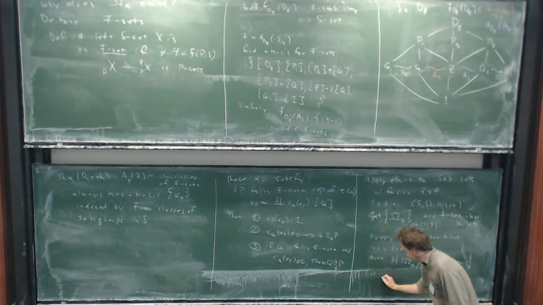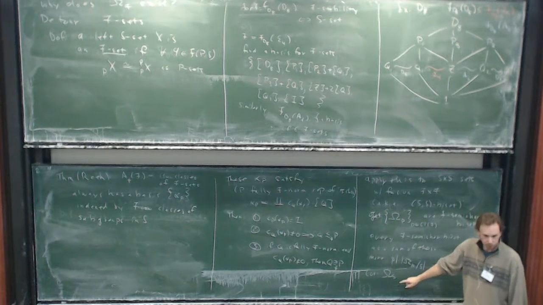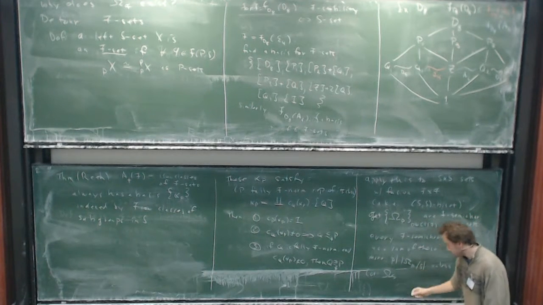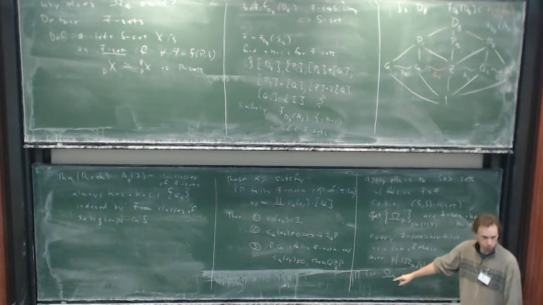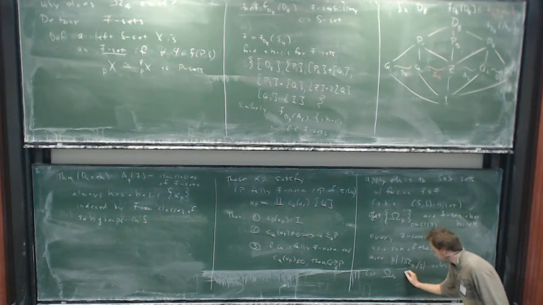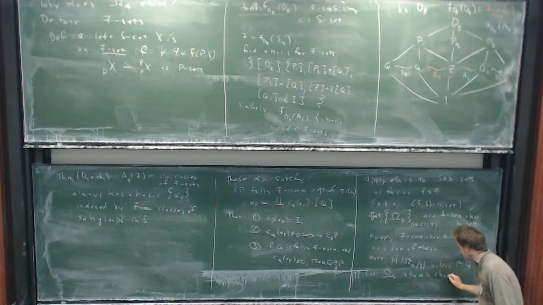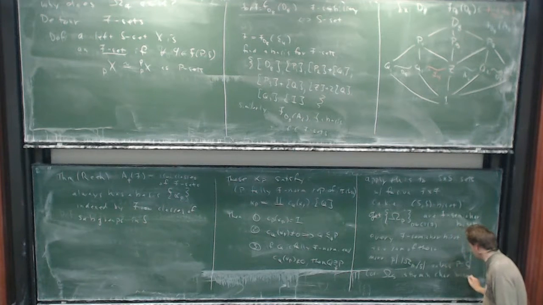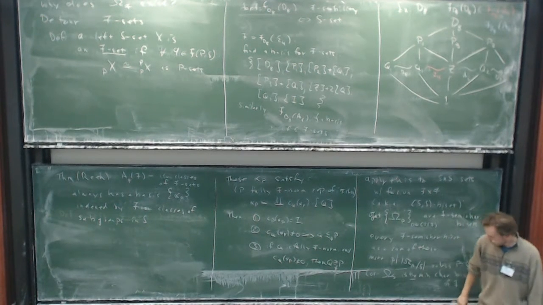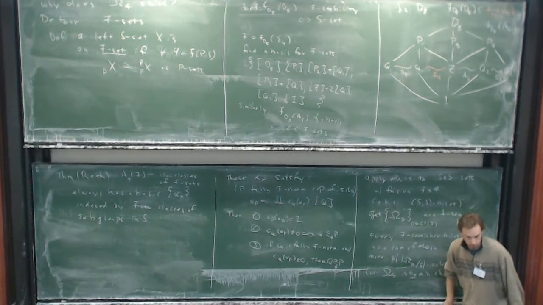So the consequence is that the biset corresponding to the subgroup S itself is characteristic, and at least one copy of it must be contained in every characteristic biset. Okay, so that's where we get the existence of these guys.